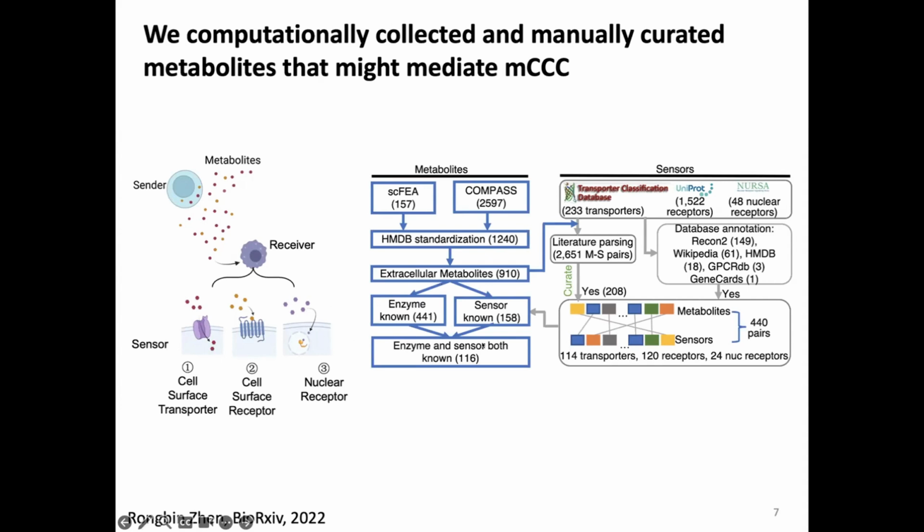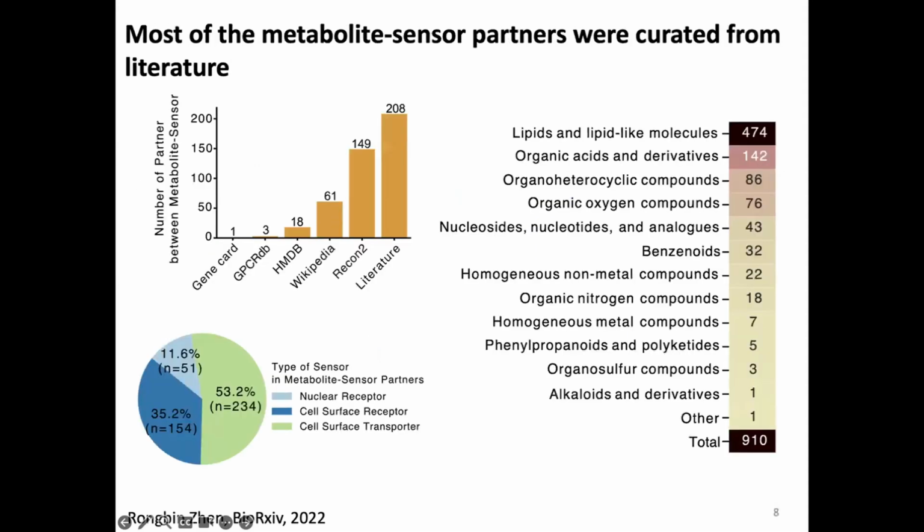I will not go into too much detail on this process, but the result is he collected 160 highly reliable metabolites, for which both the metabolic enzyme and the sensor protein for the metabolite have been reported. Those metabolites and sensor genes constructed a set of 440 pairs of potential communications.